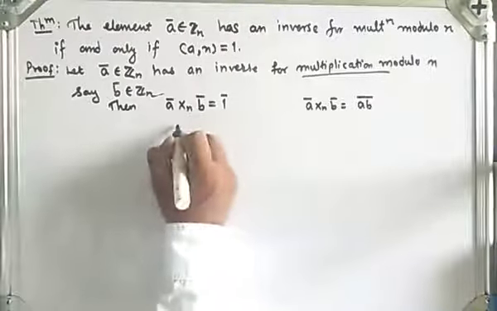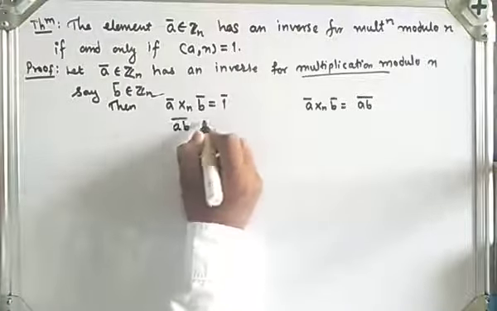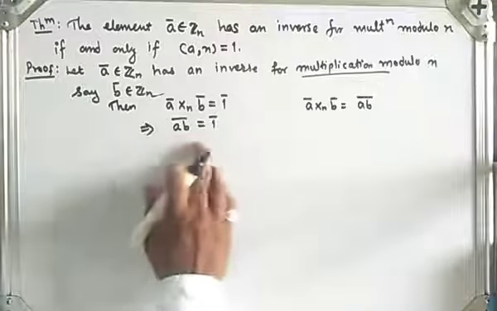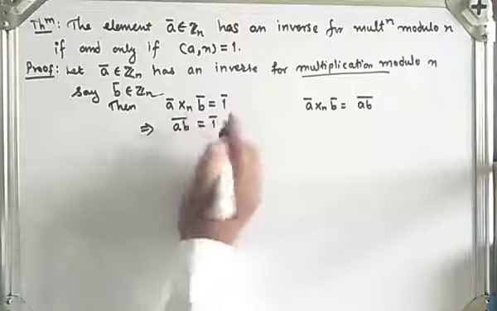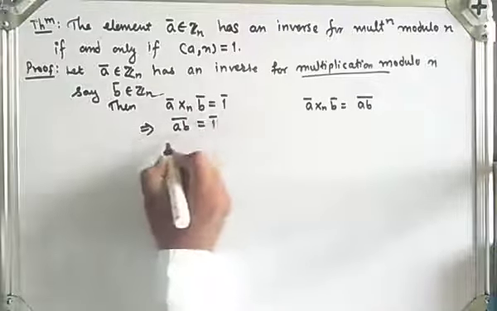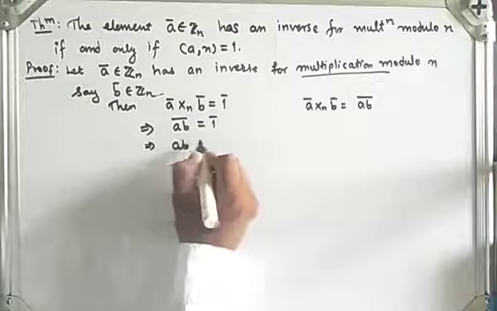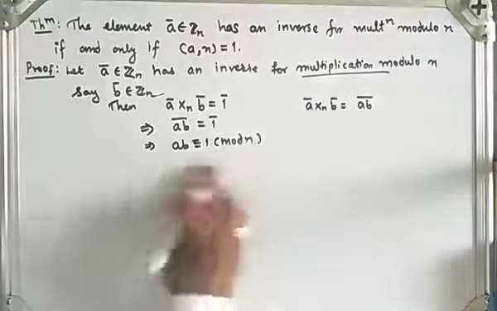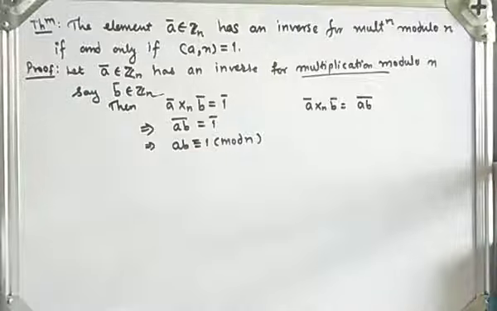So this can be written as a into b bar is equal to 1 bar. This is a modulo operation, so if I remove the bar, it can be written as a into b congruent to 1 modulo n.